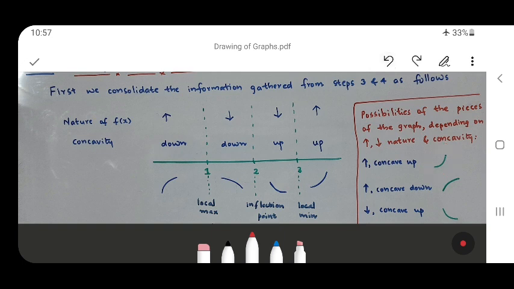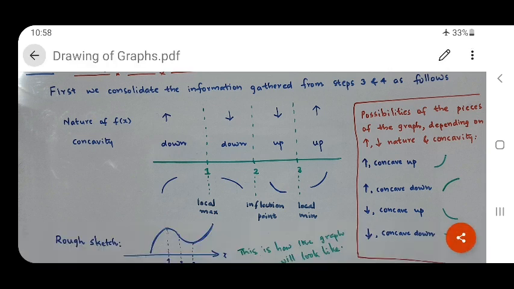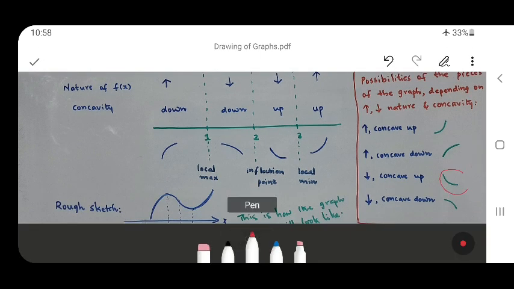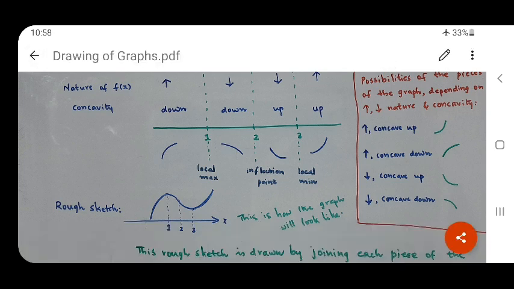And if it is increasing and concave down, this is the possible curve. Okay, if it is decreasing and concave up, then this is a possible curve, and if it is decreasing and concave down, it is the possible curve.